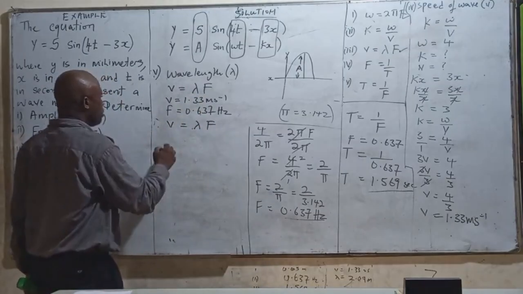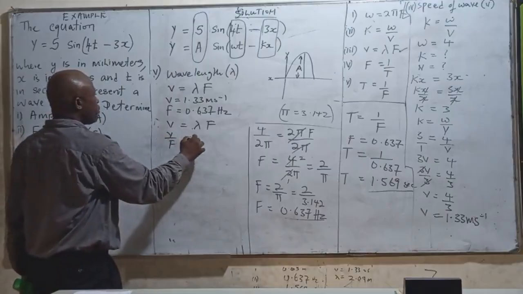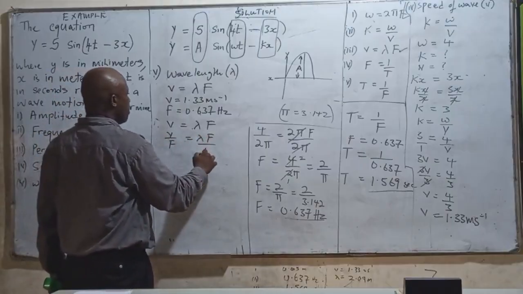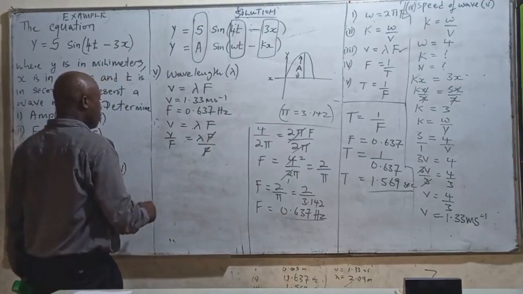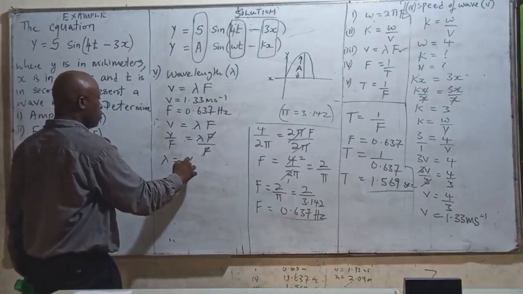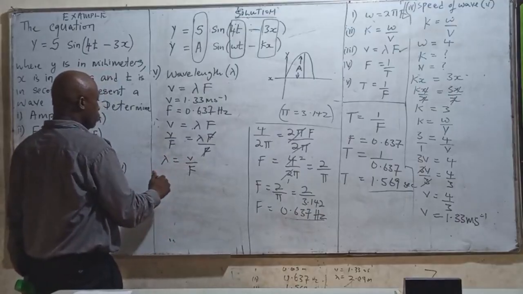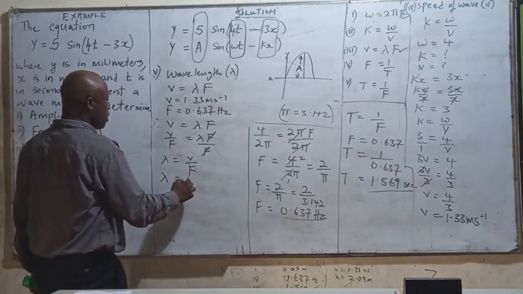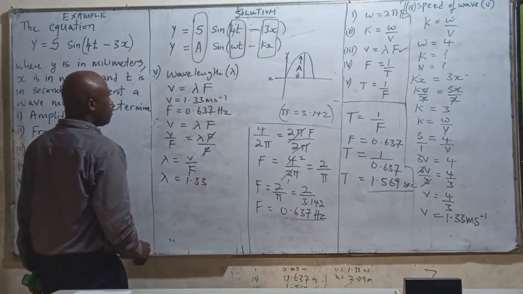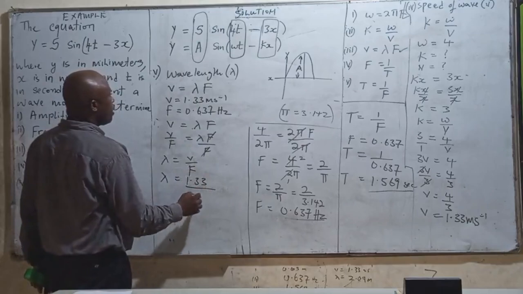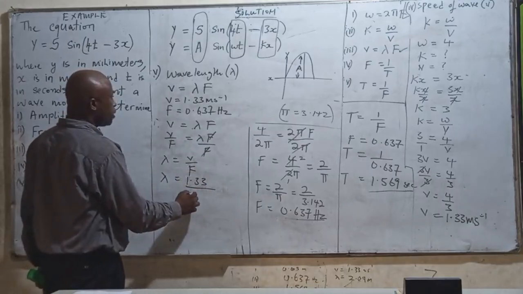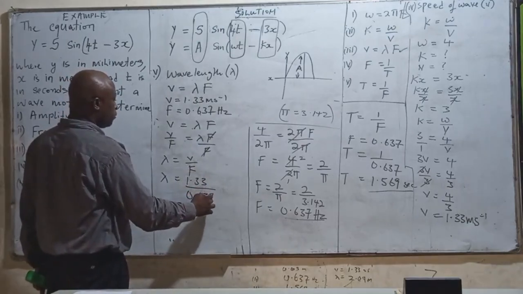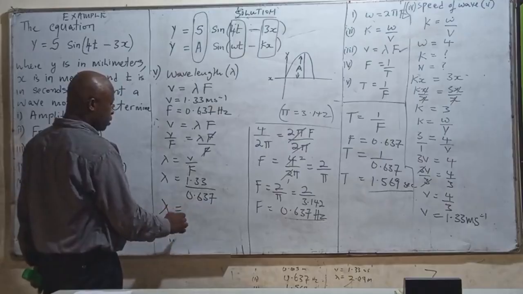By dividing both sides by f, v over f is equal to lambda f over f, so f cancels and we are left with lambda equals v over f. We substitute the parameters: v is 1.33 over f, which is 0.637.